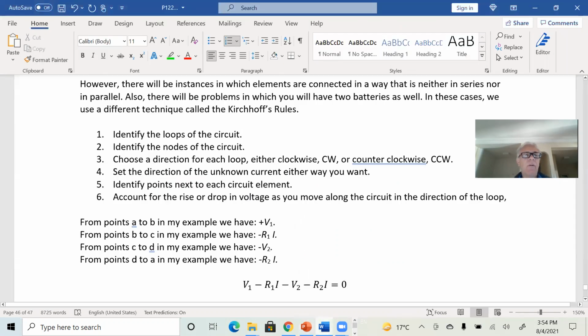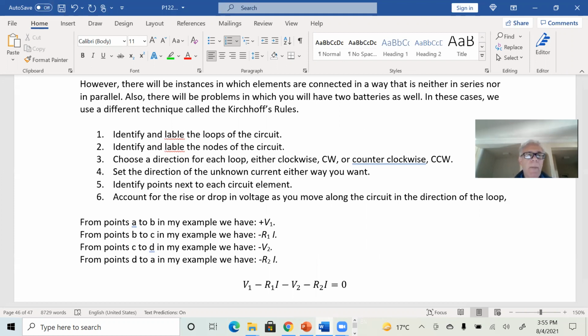What else? Identify and label the nodes of the circuit. Identify and label the loops of the circuit.